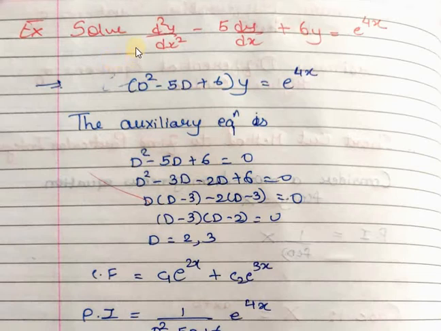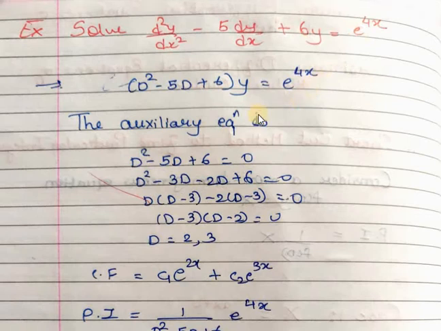So this equation can be written as D square minus 5D plus 6 in brackets into y, because y is common from these three terms, is equal to e raised to 4x.